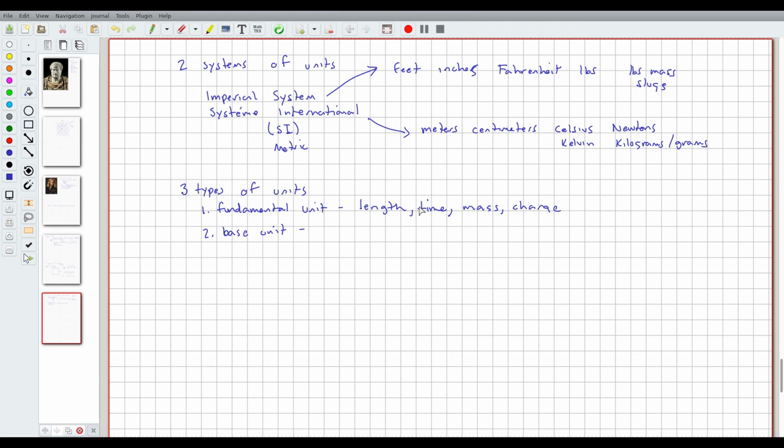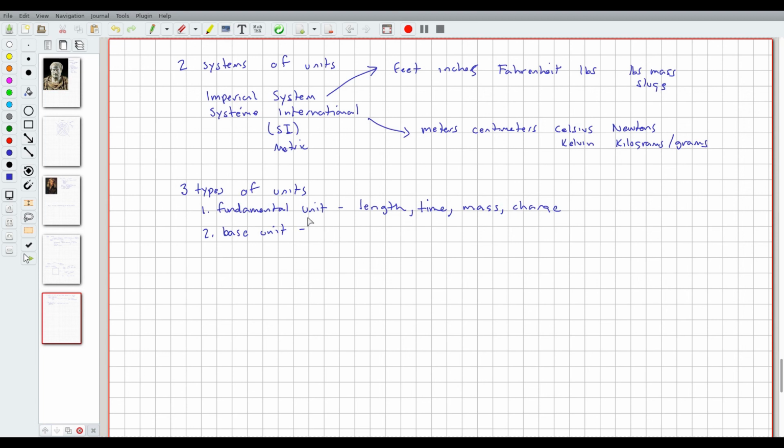Now, base units exist because when you look at an equation in physics or in chemistry or wherever, you need to make the decision as to what kind of units you're going to put in. For example, are you going to use kilograms? Are you going to use grams? Are you going to use newtons? Are you going to use Celsius or Kelvin? So base units are the units that we use when we actually plug stuff into an equation.